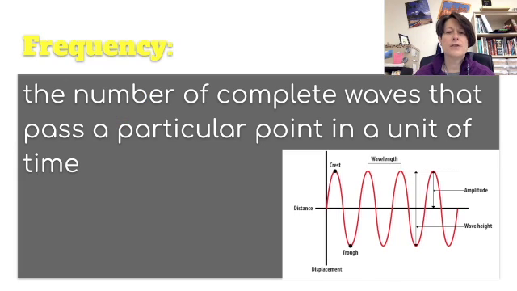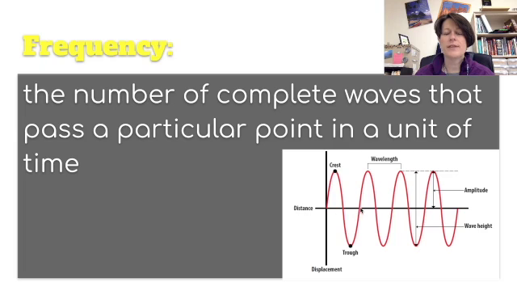And then there's also a quantity, and this is not a part of the wave, but this is a measurement about waves that we make, which is the frequency. This is the number of complete waves that pass a particular point in a unit of time. So let's say that this wave travels this far in 1 second.